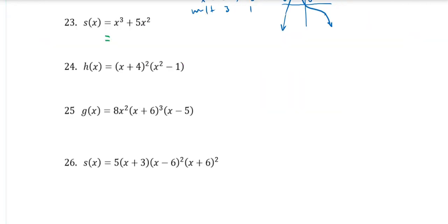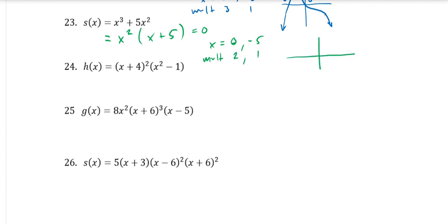Continuing on, here I could factor out x squared from both terms, and only an x plus 5 would remain. This would be equal to 0 when x was either itself equal to 0 or -5. The multiplicities attached to each one of those zeros would be a 2 and a 1, respectively, and so it would bounce off the 0 and cross at the -5.